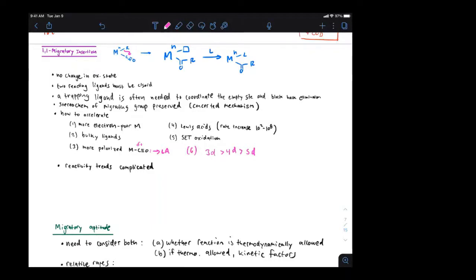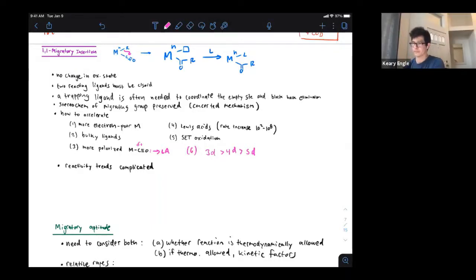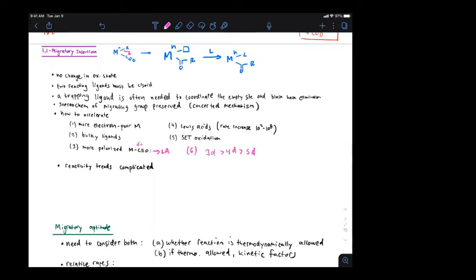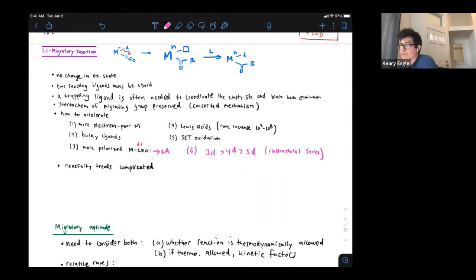So if it's a 3D, for early metals, their 3D orbital energy is low, I guess. Yeah, I think you're getting at the right point here.